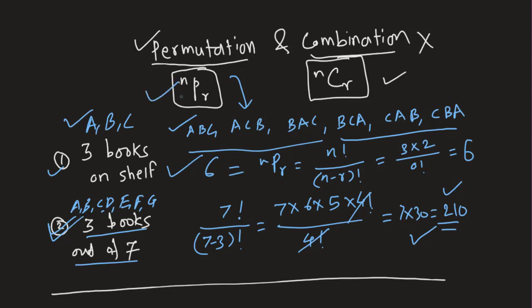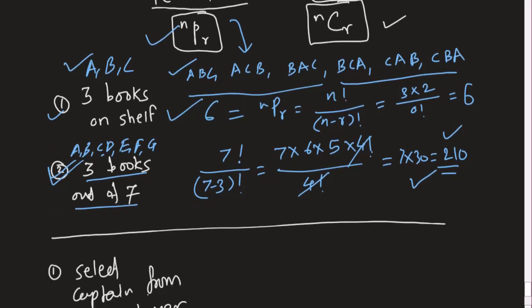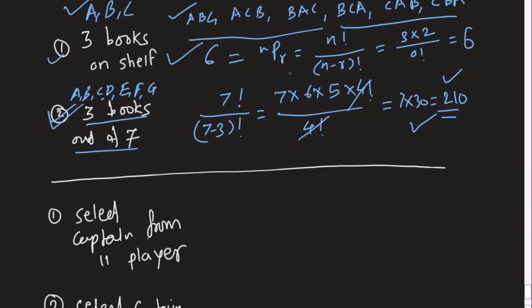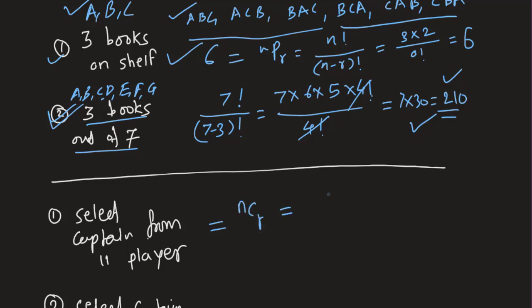Now let us look at the combination formula nCr, and in which scenarios we have to use it. Just imagine that you have to select a captain from a team of 11 players. When you have to form a committee or select some person, you can use the combination formula, nCr, which is n factorial divided by n minus r factorial and r factorial.